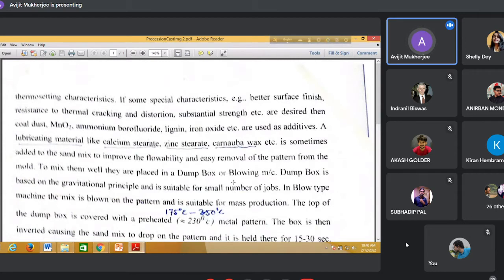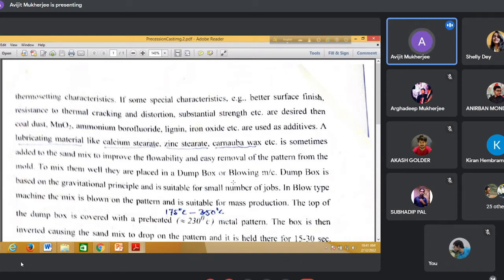But obviously you can imagine that the total mass may not be deposited completely on the pattern. So to ensure perfect or quick deposition, sometimes blowing machines are used. What is a blowing machine? Pressurized air is given so that by virtue of that air pressure, the molding material is forced to fill up each and every corner.